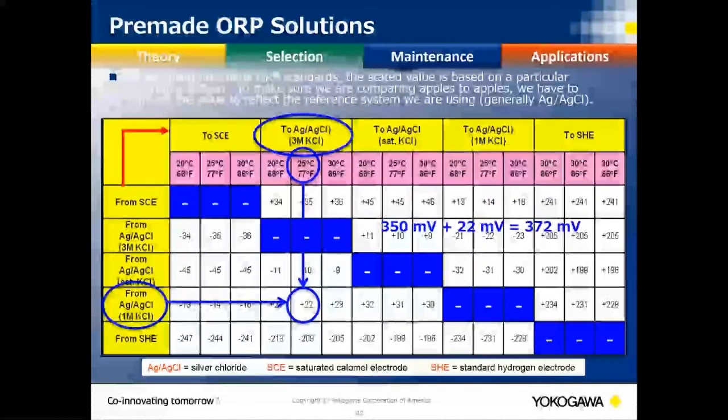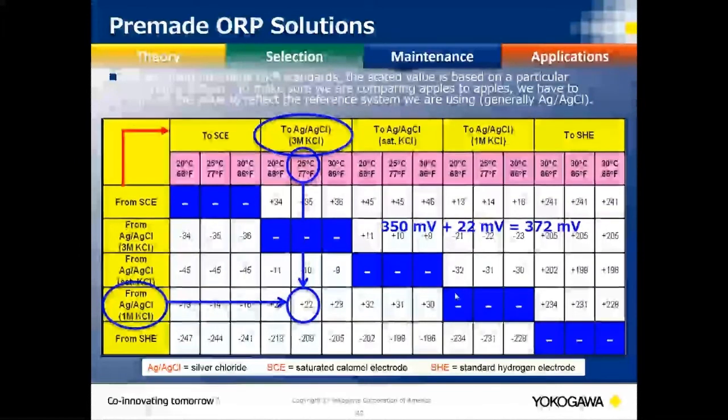I'm actually going to read 372 millivolts because there's a difference just because of the reference in what the ORP solutions were made with and what is in your actual measuring system that you have online.